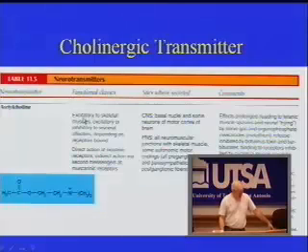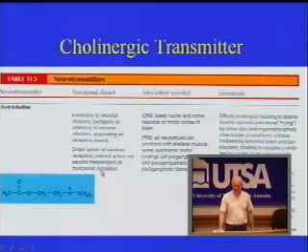This is excitatory to the skeletal muscle, also to the adrenal medulla, and its direct action is through the nicotinic receptors, and there's an indirect action via second messengers through a muscarinic receptor. So I will expect you to know the distinction between the nicotinic and the muscarinic receptors.